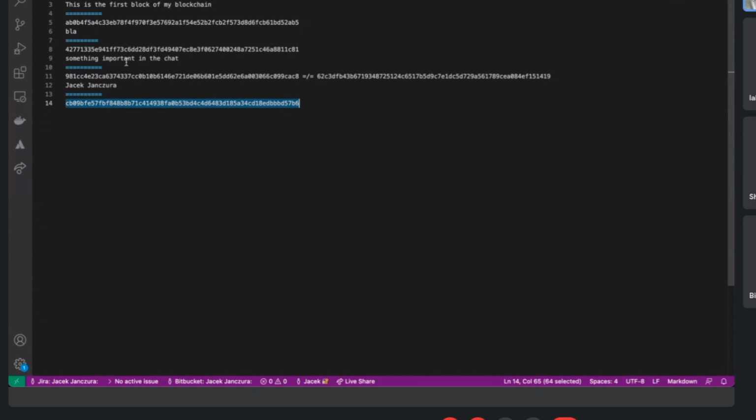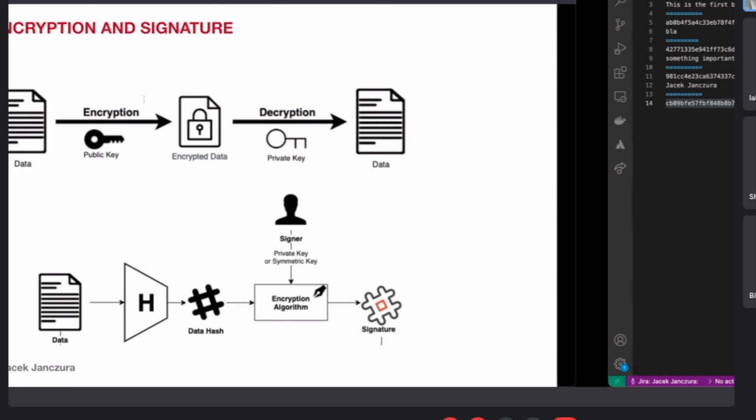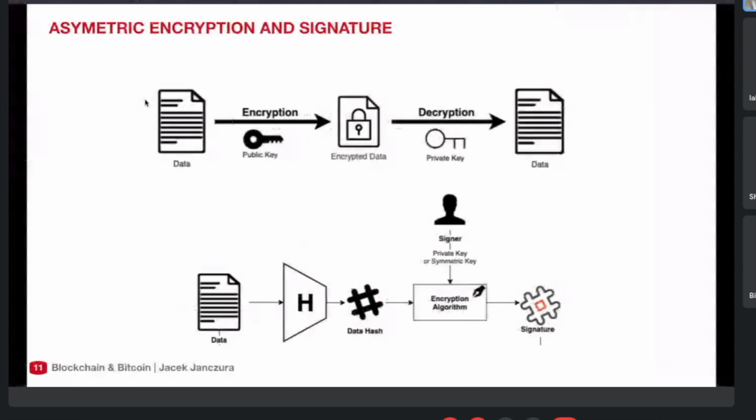When we change something in this string, modify the transaction, the top level hash of this block will be different, which means this hash will be different. So it's super easy and fast to detect when and where something was corrupted. Thank you.